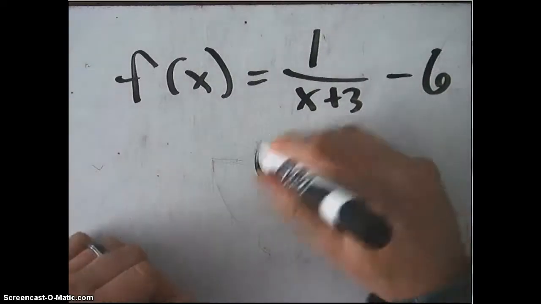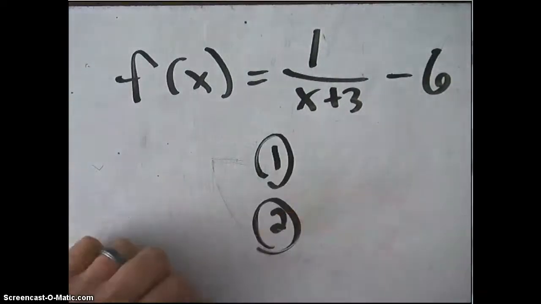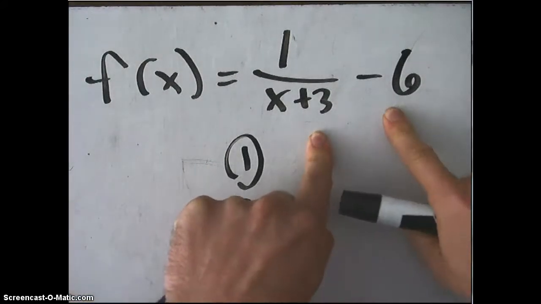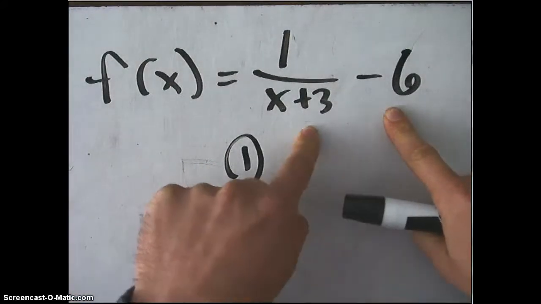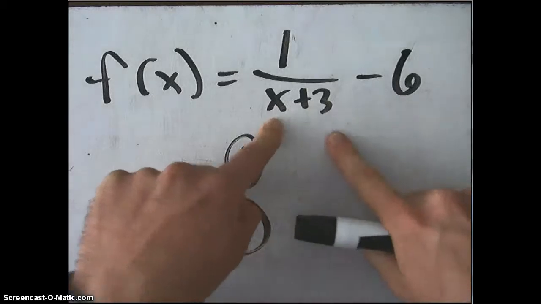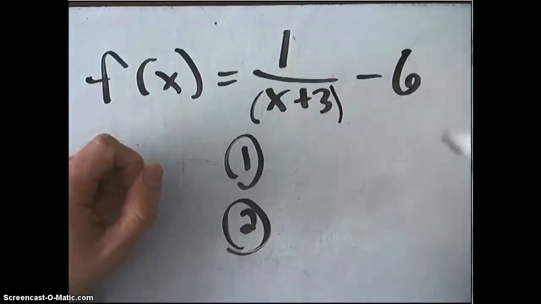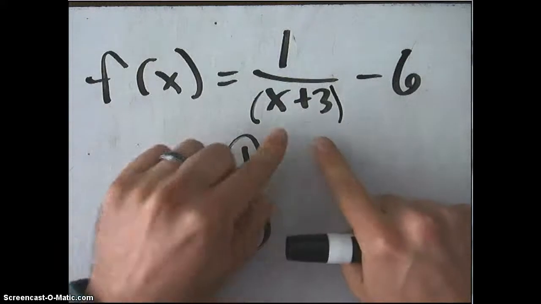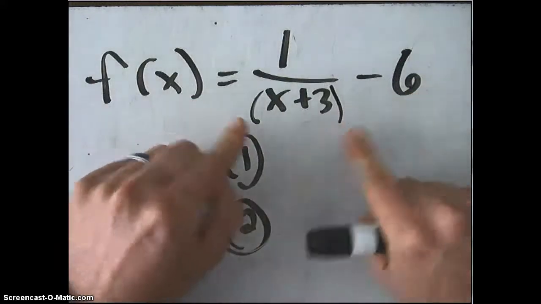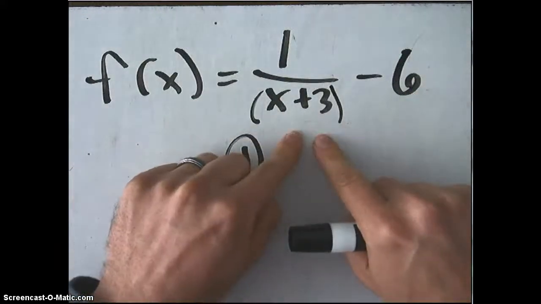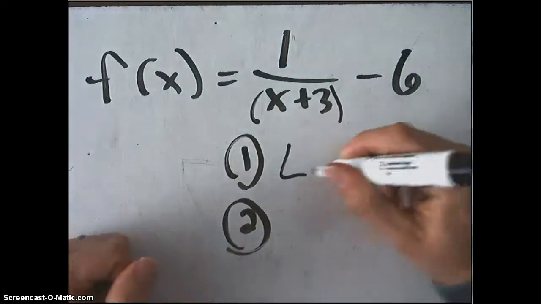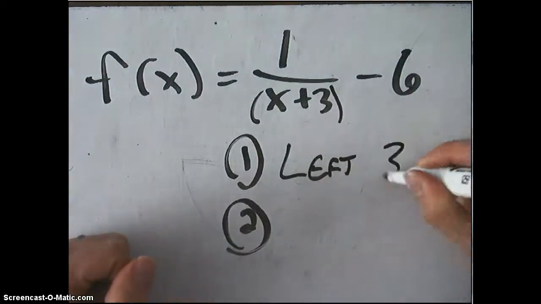I see two of them. One of them has to do with this plus 3. The other one has to do with this minus 6. The plus 3, remember, if it's next to the x, like this, that's going to shift the graph left and right. And I like to think of this as counterintuitive. Since it's a plus 3, it's going to move this thing to the left 3 units.